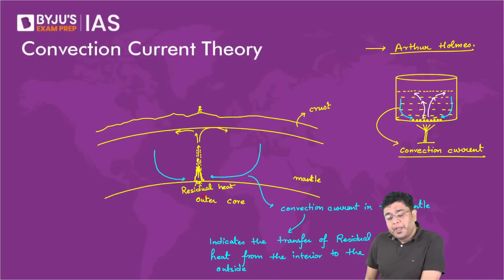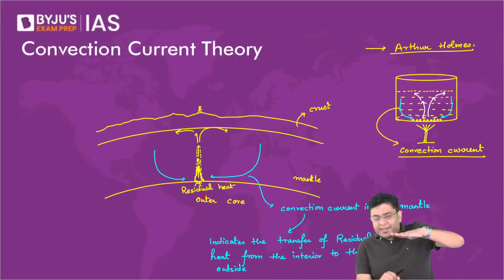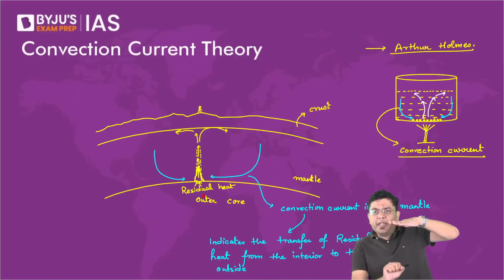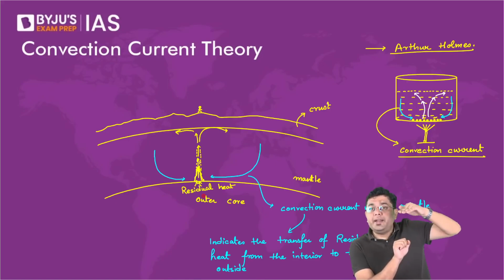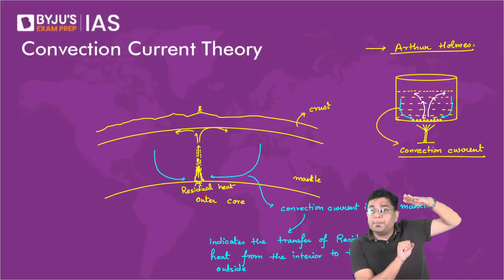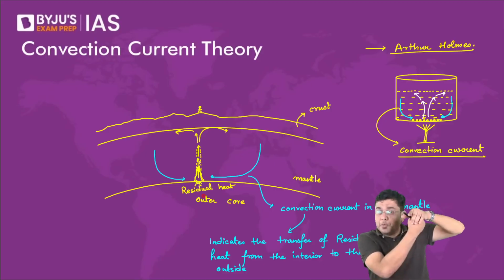First of all, because if this is land and heat is being provided, that land can get inflated because of that heat. That land can rise up, right? Why? Because there is a substantial amount of heat which is getting pushed upwards.